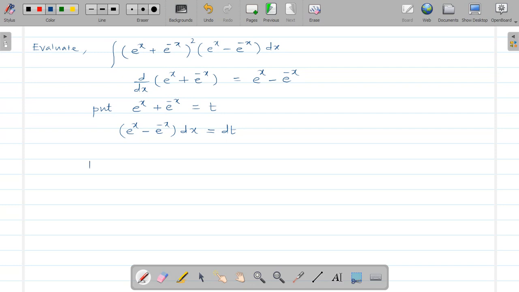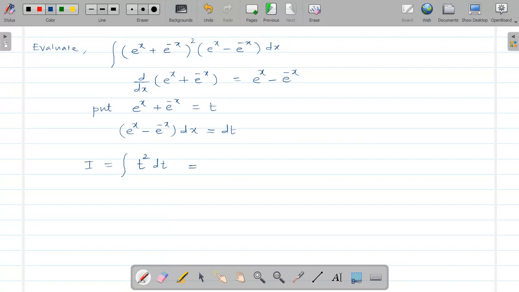So if you get the derivative of the term, then you can substitute like this. So the given integration converts like this. It is equal to the integration, and in place of e raised to x plus e raised to minus x, I will put t. So it becomes t square, and here (e raised to x minus e raised to minus x) dx means dt. So after the substitution, it is the integration of t square dt.